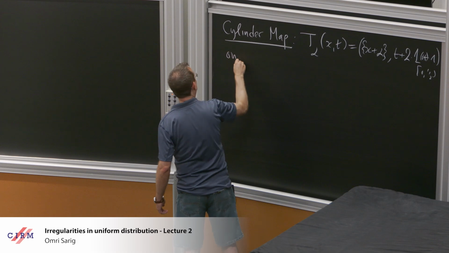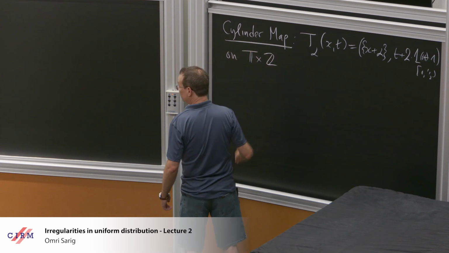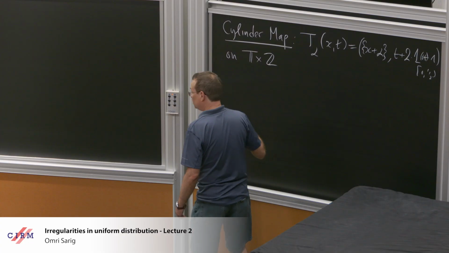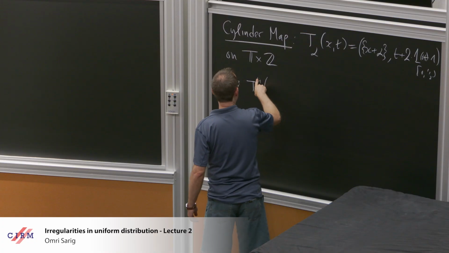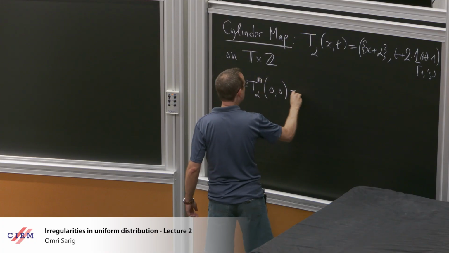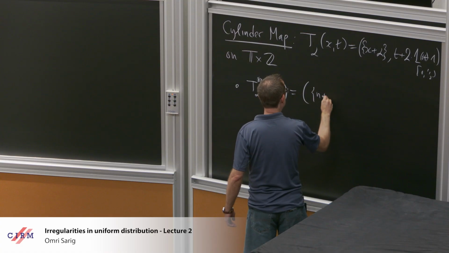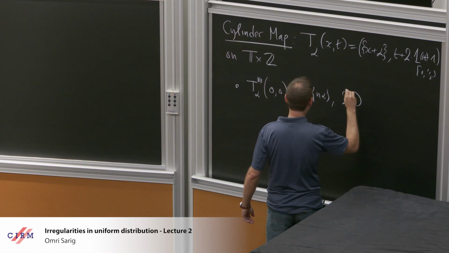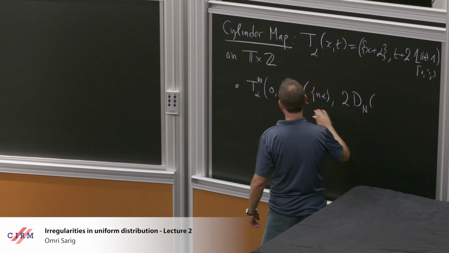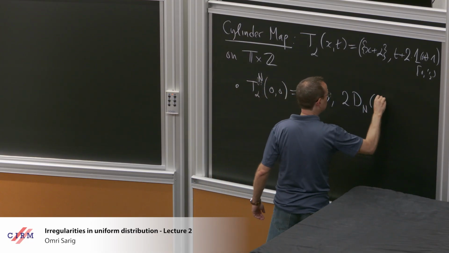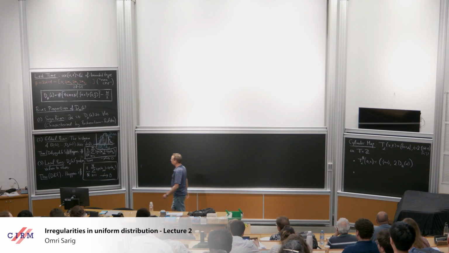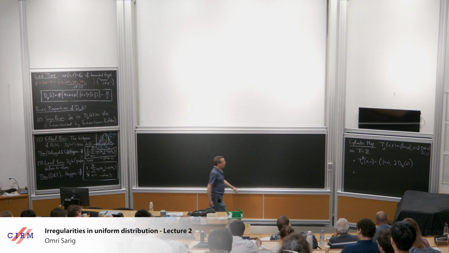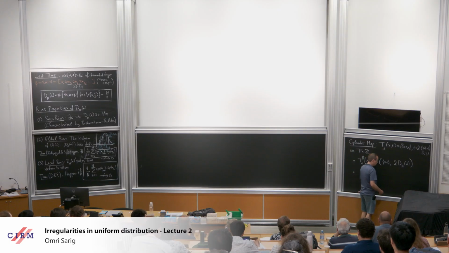So this is a map on the torus cross Z, and I remind you of the two basic identities. If you iterate this map on the initial condition (0, 0), then what pops up at the second coordinate is 2 times this local discrepancy function. And if you want to study histograms, you need to count how many times you get a certain value, then you can write this in terms of a Birkhoff sum.